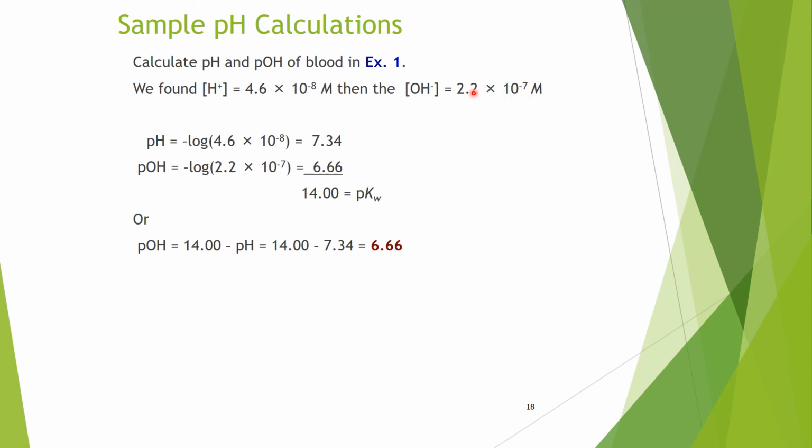We get that by dividing 10 to the minus 14 by this value. The pH is going to be the minus log of this number, and the pOH is going to be the minus log of this one. So it's this and this, and if you notice, these two add up to 14.